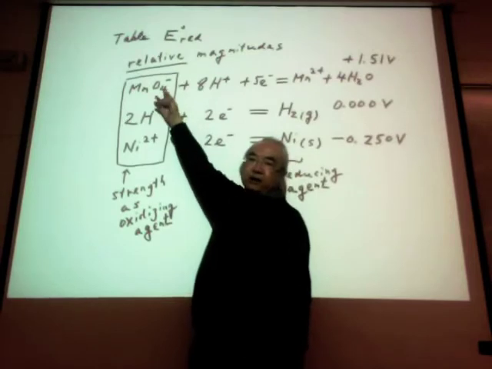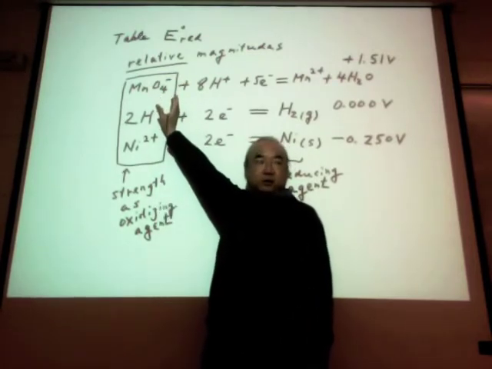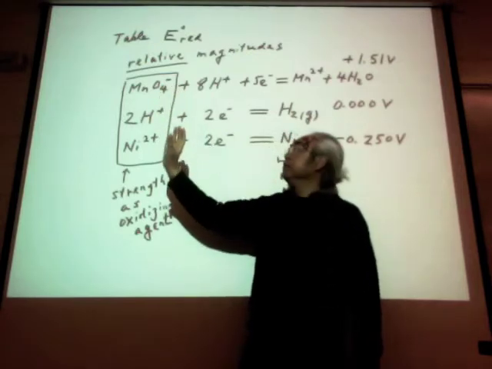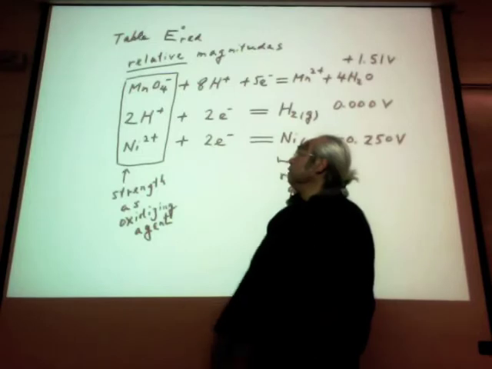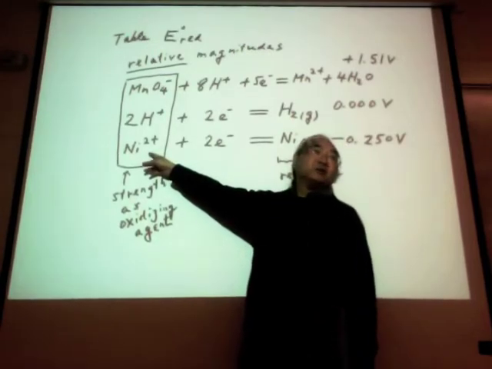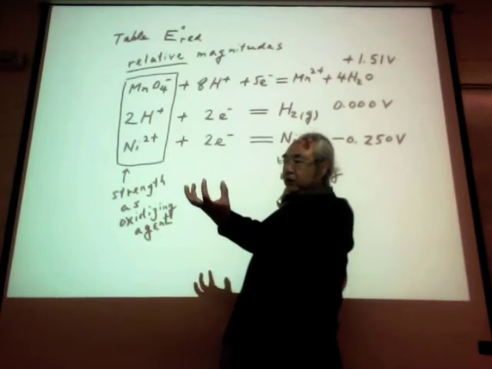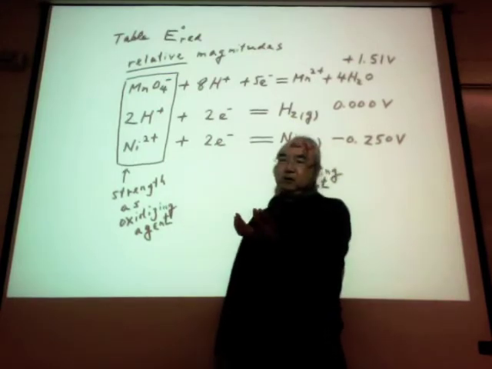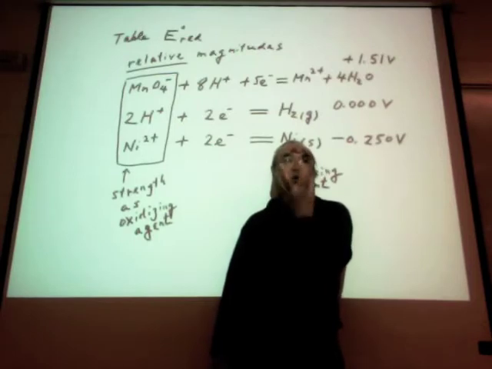So the higher the plus, the more positive, the stronger the oxidizing agent. The more positive, the stronger. Then of course this one is the weakest. So this is good knowledge, right? So once you have a jar of chemical, then you can tell, relatively speaking, whether it's a strong or weak oxidizing agent.